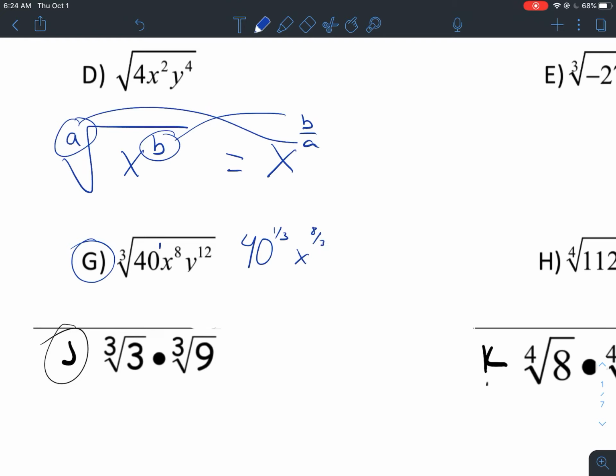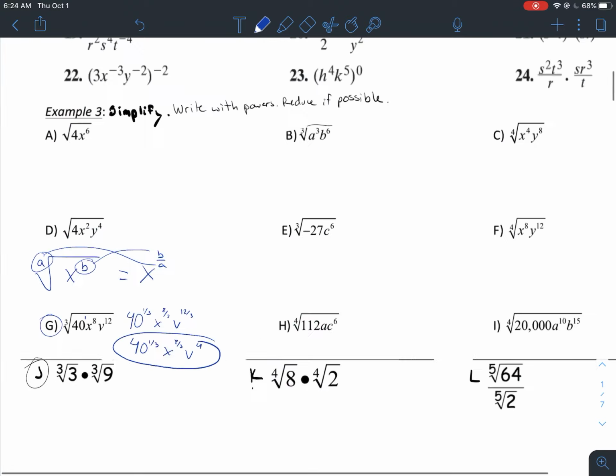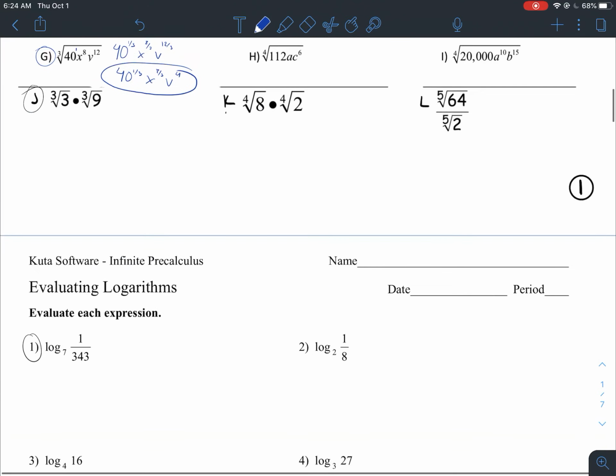The x becomes 8 over 3, and the y becomes 12 over 3. Now you can reduce the y, so you can keep this as 40 to the 1/3, x to the 8/3, and then this is going to become y to the 4th, because 12 divided by 3 is 4. So that would be our answer there.